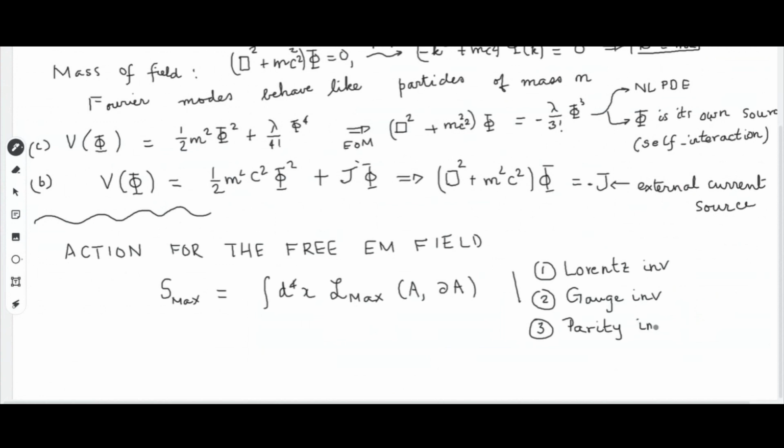By that I mean that if I change my spatial coordinates to negative of themselves, then the Lagrange density must not change. So these are the kinds of restrictions that we should like to impose. And then we begin to think, how do we implement them?